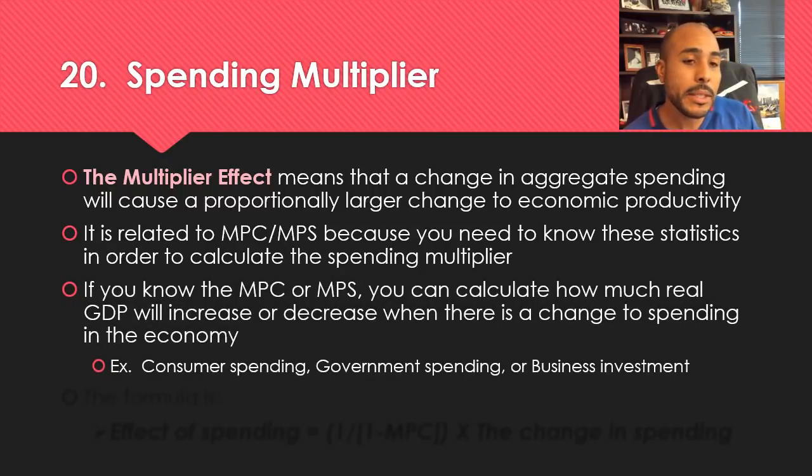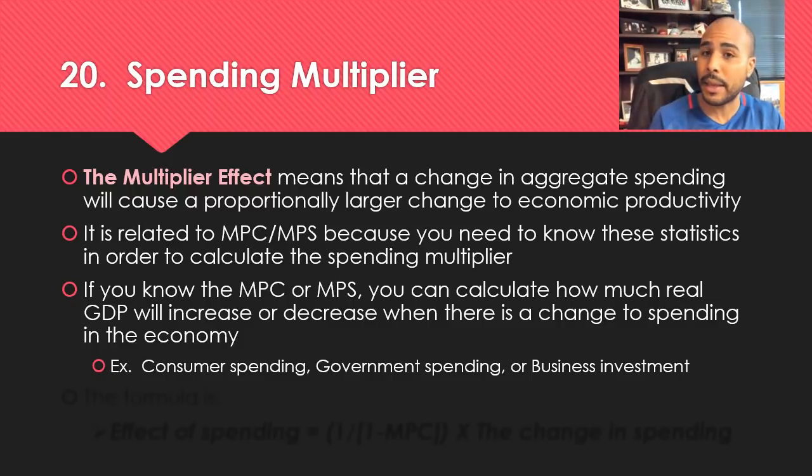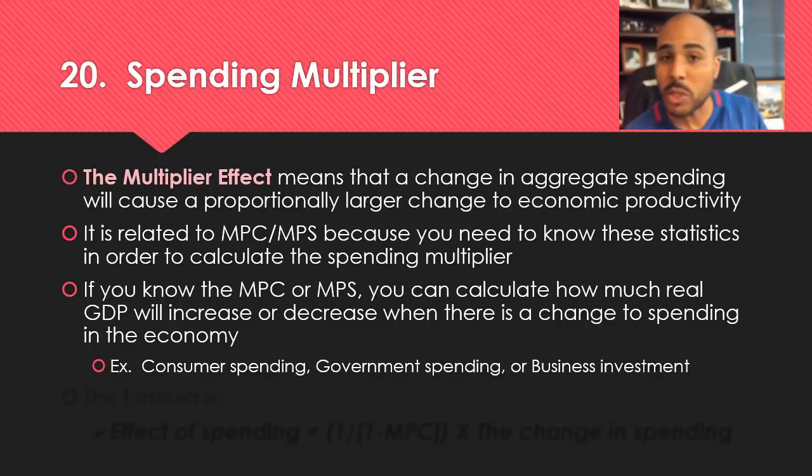If you know the MPC and the MPS, or even just one or the other, you can calculate how much real GDP will increase or decrease if there's a change to spending in the economy. For example, if consumer spending changes, if government spending changes, or if business investment changes. Where have we heard of those before? Oh yeah, those are components of GDP.